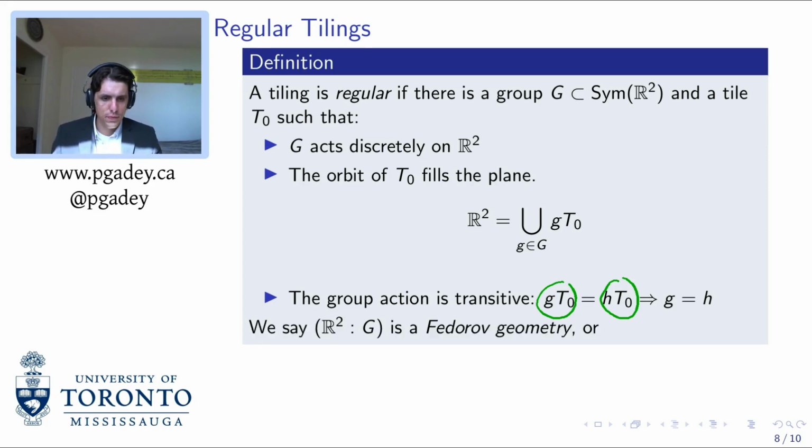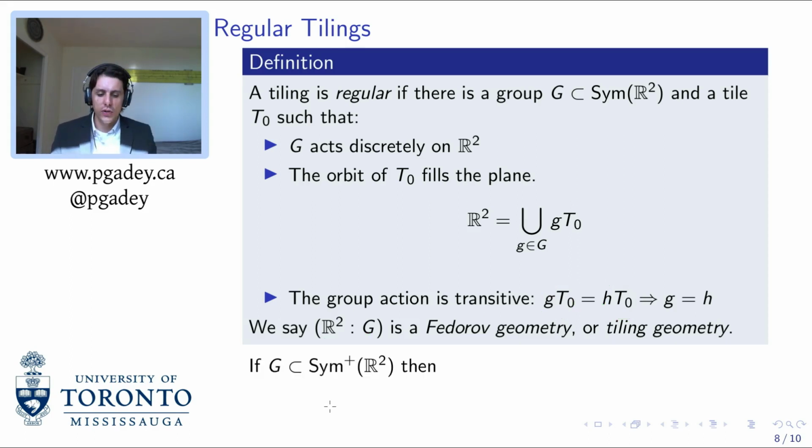Okay, we say that this space, together with the transformation group G, is a Fedorov geometry, or alternatively, a tiling geometry. So our space is R squared, and the group G of transformations is the way of moving throughout the tiling according to our group.